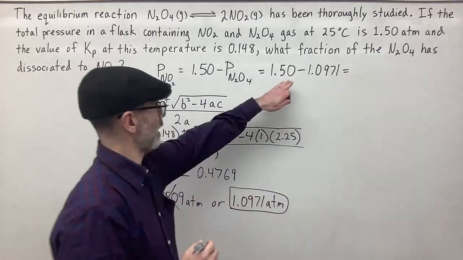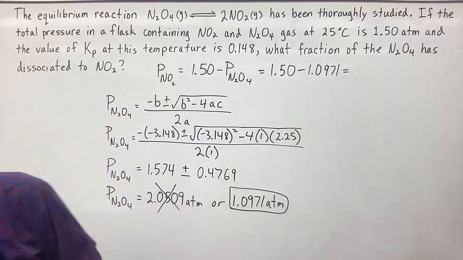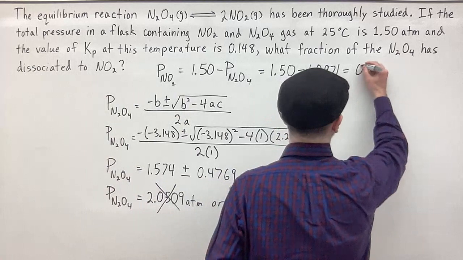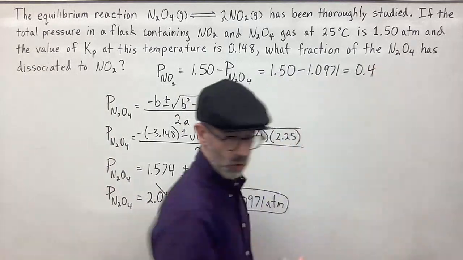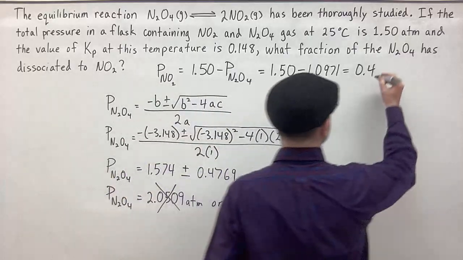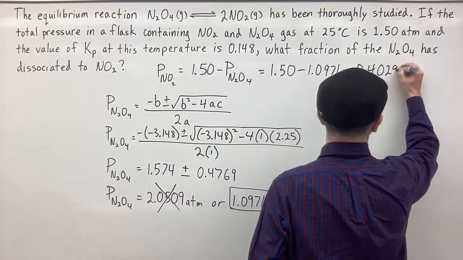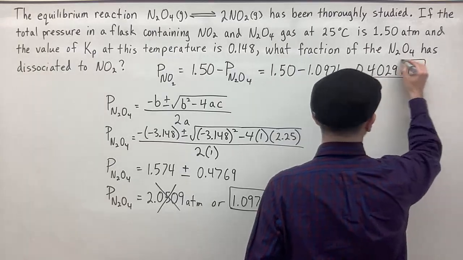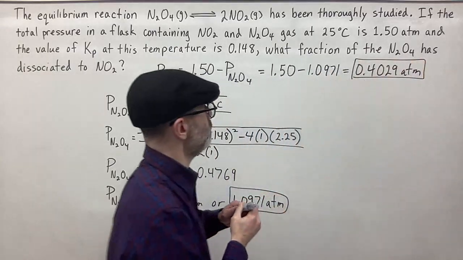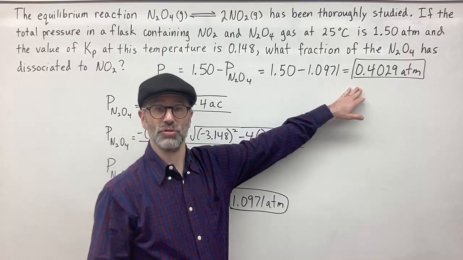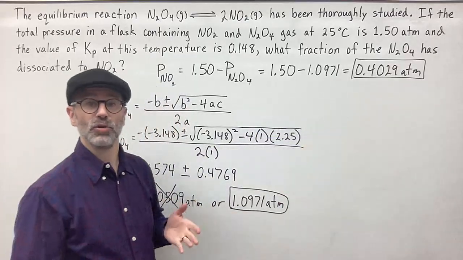When we subtract those, what do we get? We get 0.4029 atmospheres. And so this is the partial pressure of NO2 at equilibrium.